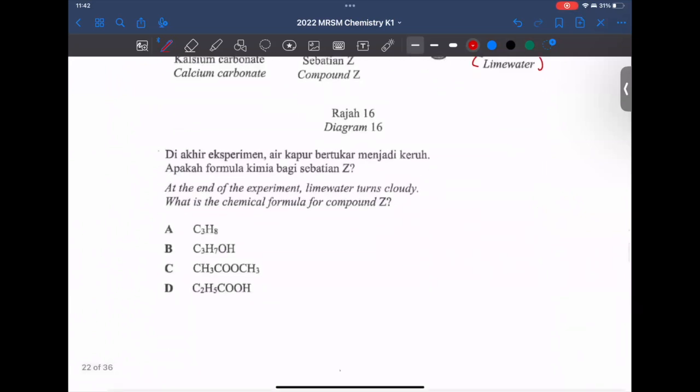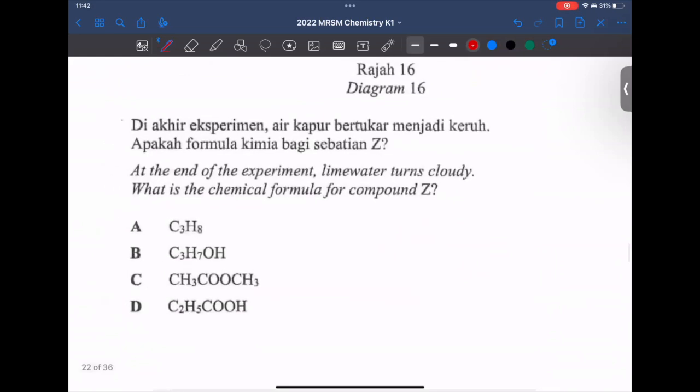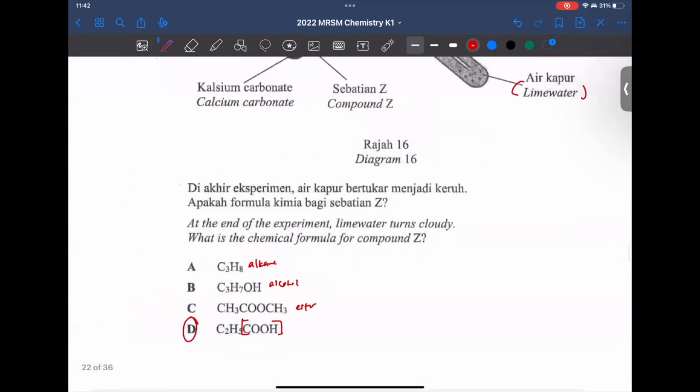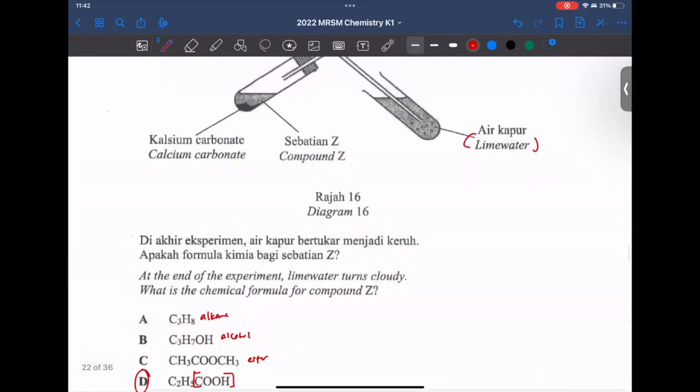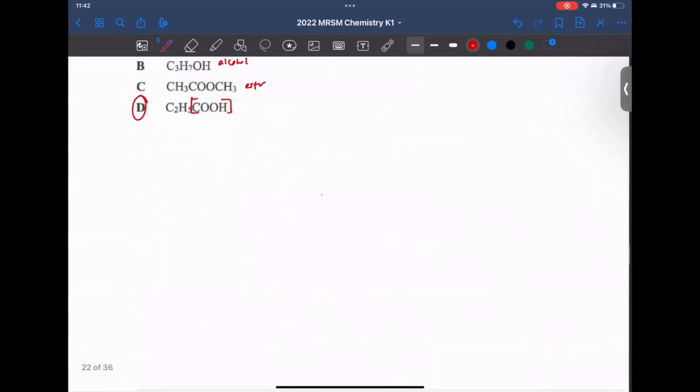So choose an acid. The only acid over here is D, right? Because got COOH that indicates a carboxylic acid. This is an alkane. This is an alcohol. And this is an ester. Only the last one will be a carboxylic acid. So definitely acid can react with calcium carbonate to produce carbon dioxide gas. Answer is D.